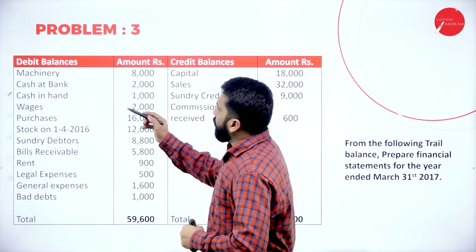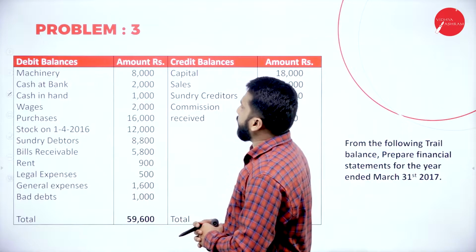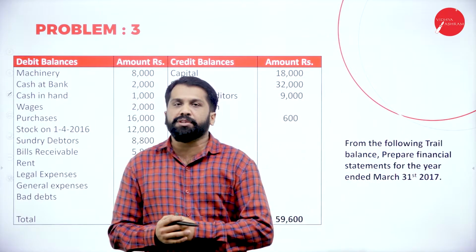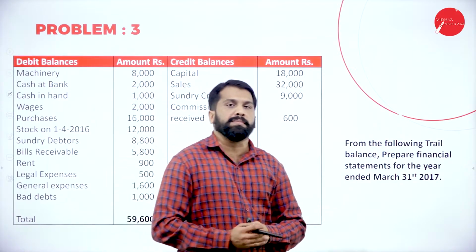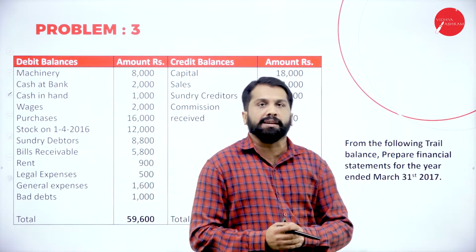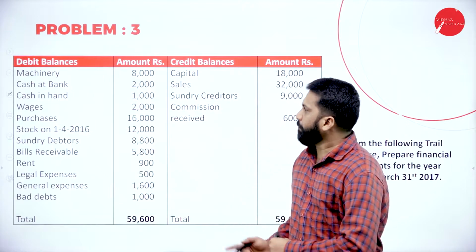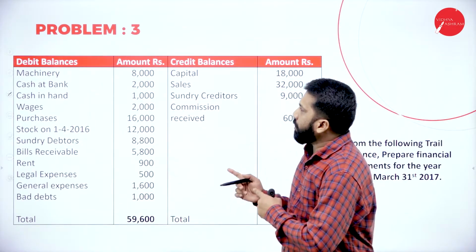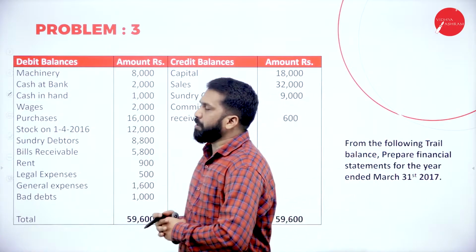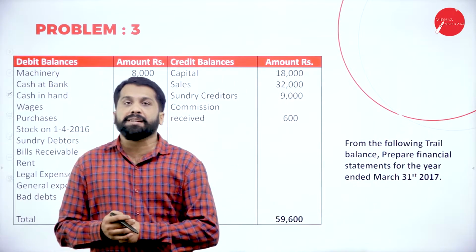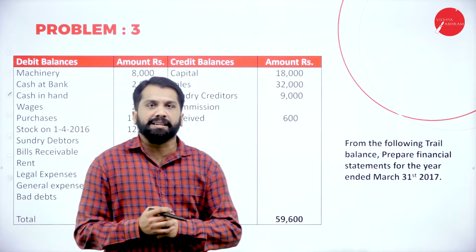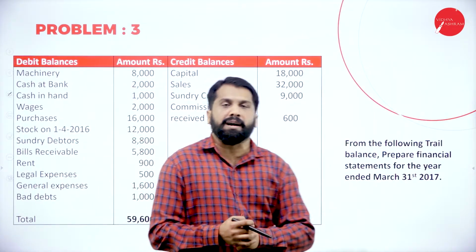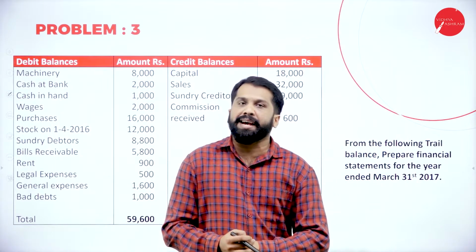Now, we have machinery, cash at bank, cash in hand. Machinery comes under what? As you know, machinery is a long term, we take it under your balance sheet asset. Cash at bank is a balance sheet asset. Remember, whatever comes under debit side, it may be your expenses or it may be your balance sheet asset. Whatever comes credit side, it may be your income or your balance sheet liability.